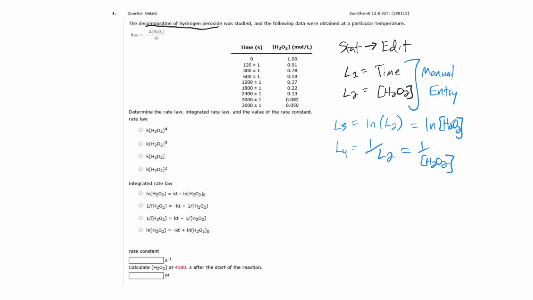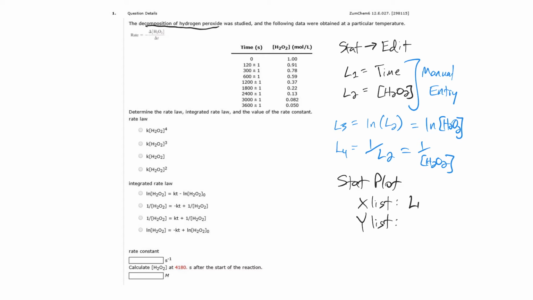Once you've got your lists populated, then we're going to hit stat plot. On TI calculators, that's typically in the very upper left corner. So hit second and the Y equals button. And under XList, let it be L1. And keep it there. So regardless of which plot that we're looking at, we want time on the X-axis.